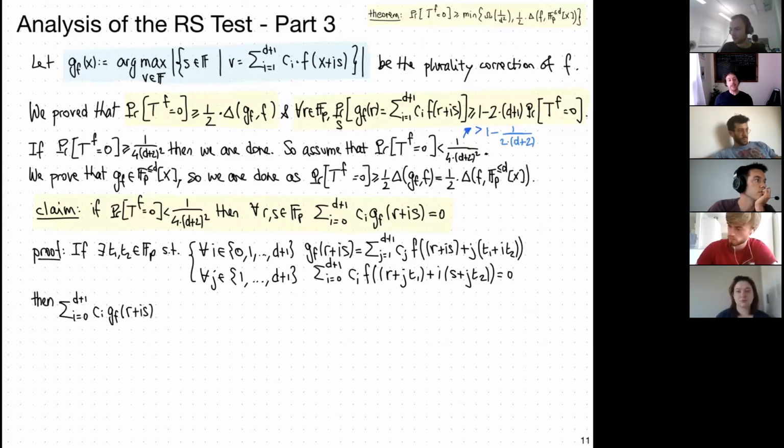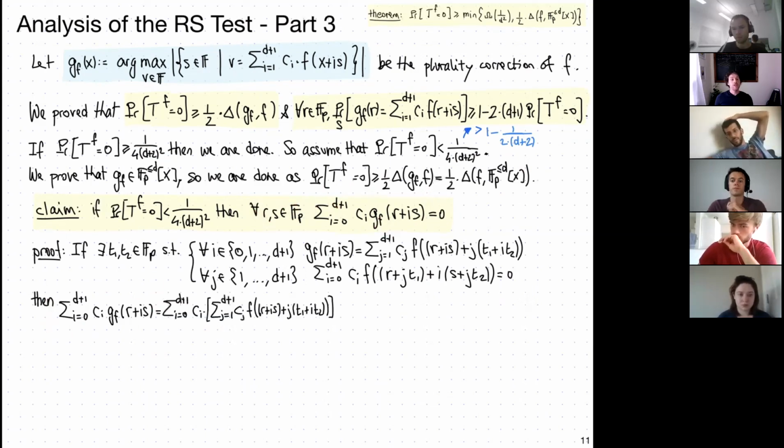So in this case, we want to look at this term, which we want to show is equal to 0 for every RNS. I should say that we're fixing here an RNS, and we want to show that this is 0. So how do we show that? First of all, we write this, and we do the same trick that we did last time.